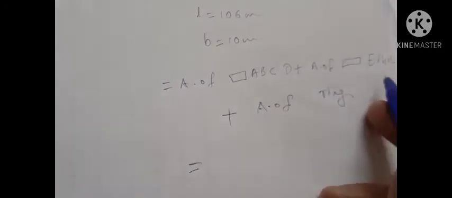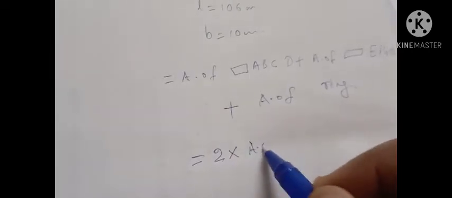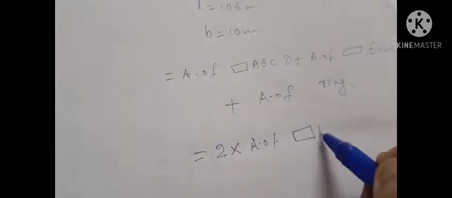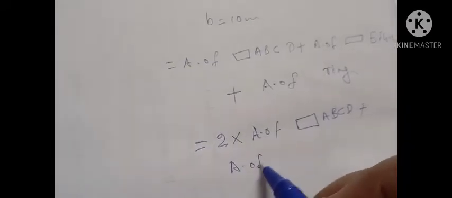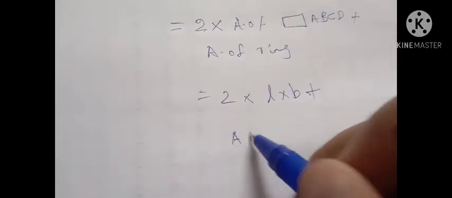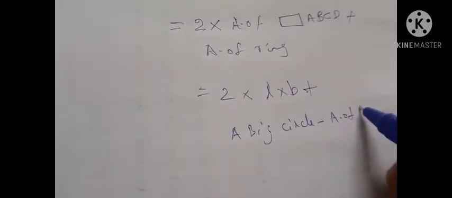Since ABCD and EFGH are the same, we can write twice the area of rectangle ABCD plus area of ring, right? Then 2 into area of rectangle will be L into B, and the area of ring will be the area of big circle minus the area of small circle.